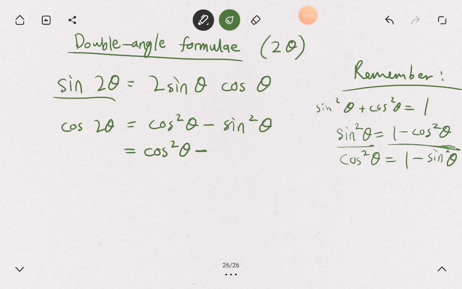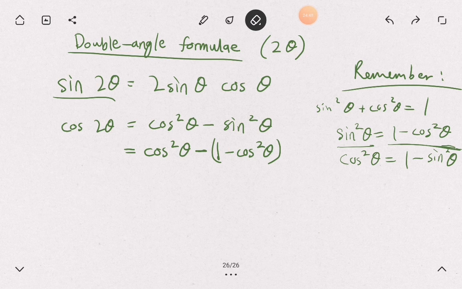Sine squared is 1 minus cos squared, so in bracket 1 minus cos squared theta. Now if you take out the bracket, this becomes a 1, and it becomes plus cos squared theta, right? Because minus and minus.